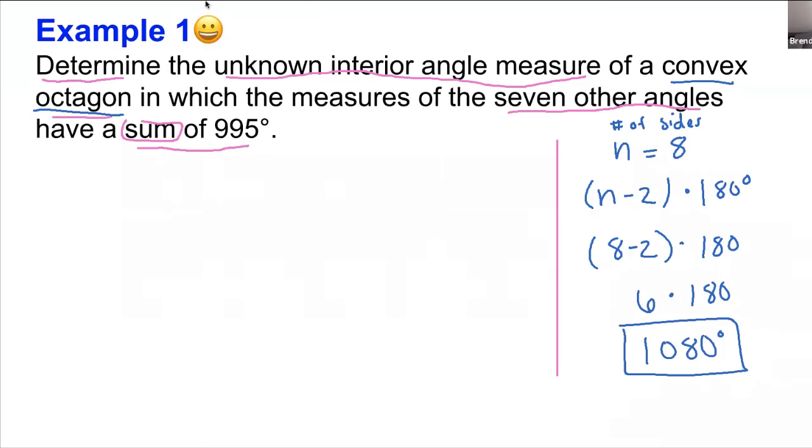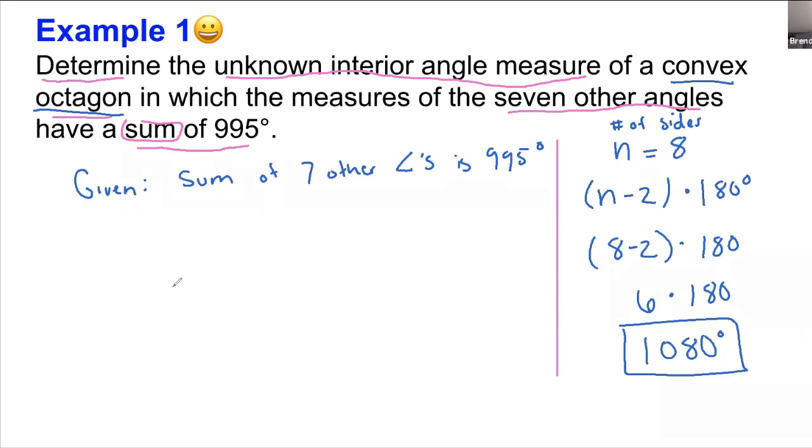So we already know that the sum of the 7 other angles is 995 degrees.